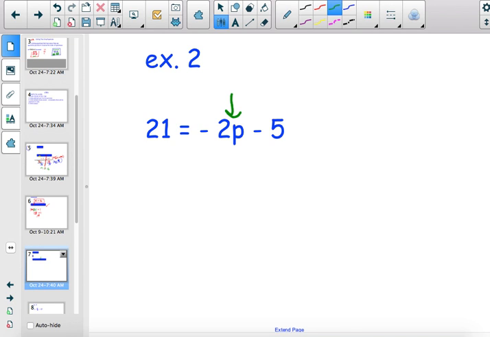What type of math is going on if you don't see anything between 2 and p? Not addition. It's going to be multiply. So we're going to have multiply. And the other thing that's going on here is this. This means subtract.